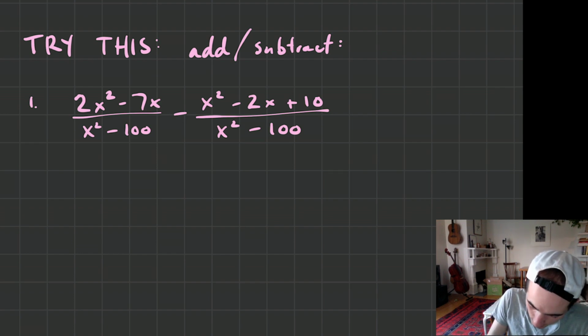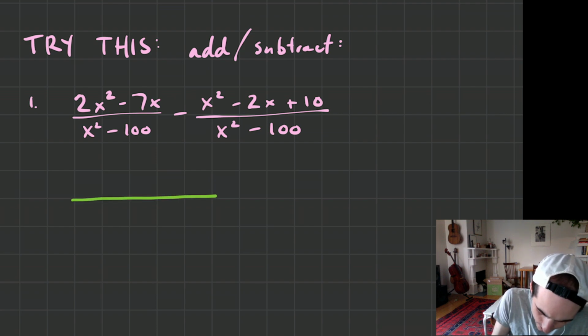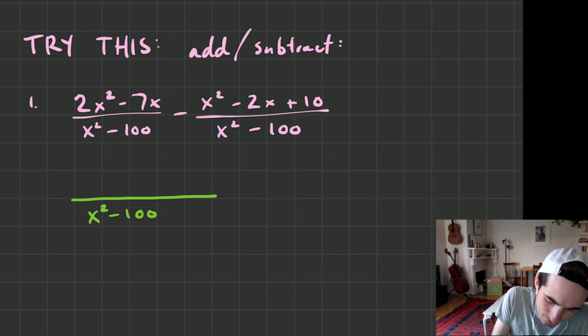These have the same denominator, so we're going to subtract one from the other. The denominator stays the same: x squared minus 100. Now I'm going to subtract the like terms. I've got 2x squared minus x squared, so that is x squared. I have negative 7x minus negative 2x.